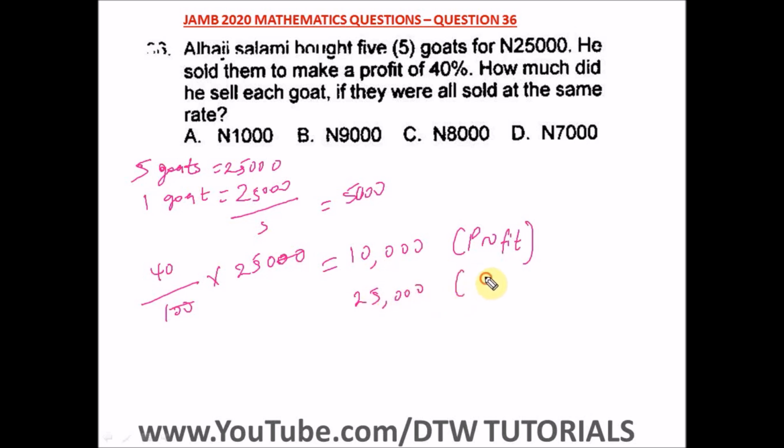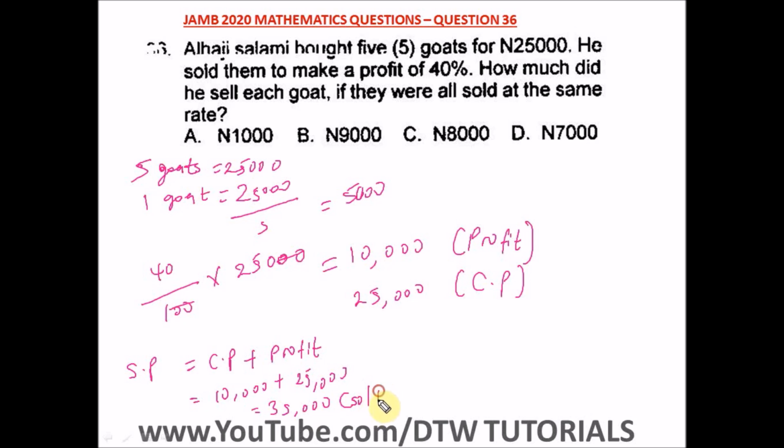That is how much he bought it. So to find the selling price, selling price equals cost price plus profit, which equals 10,000 plus 25,000, which is equal to 35,000. So he sold all his goats for 35,000.